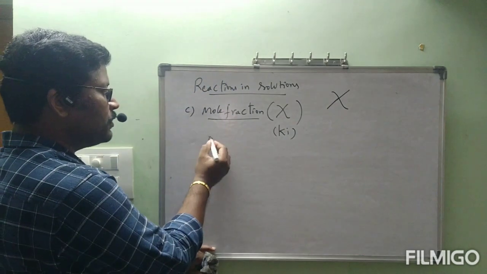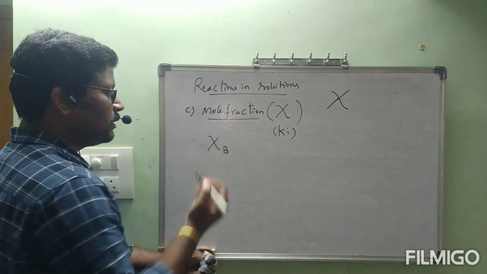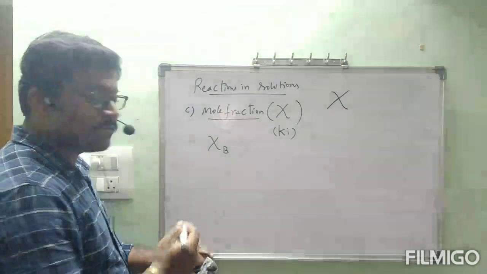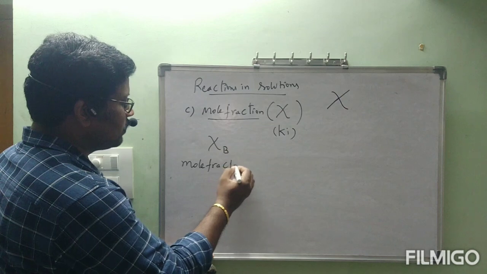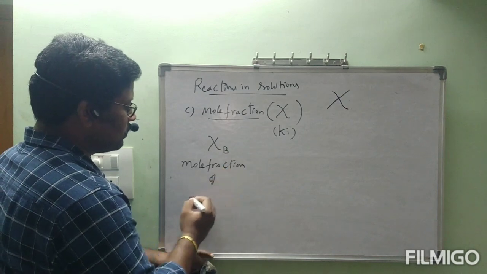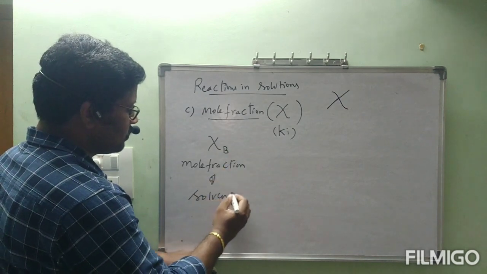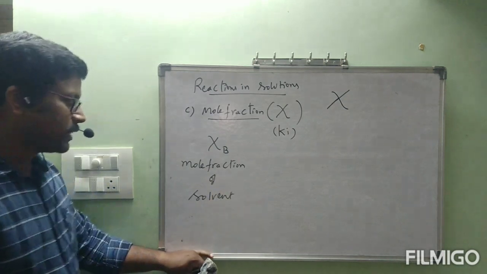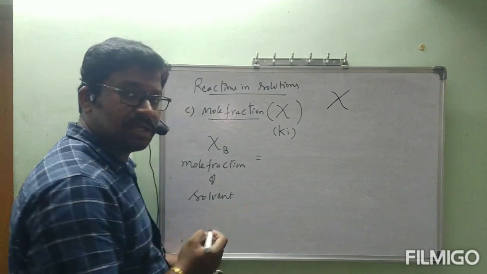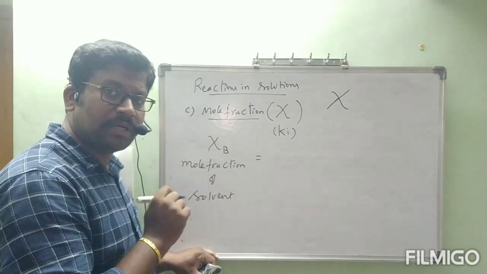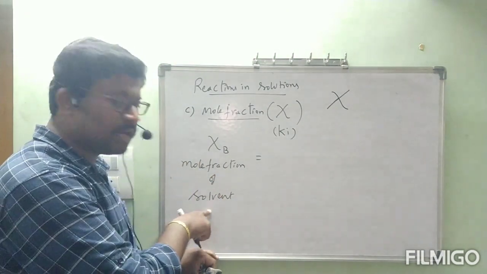Now I am going to represent chi B. What is meant by chi B? Mole fraction of solvent. Mole fraction of solvent is equal to, what is the definition? Number of moles of that component. Which component have we taken here? Solvent.